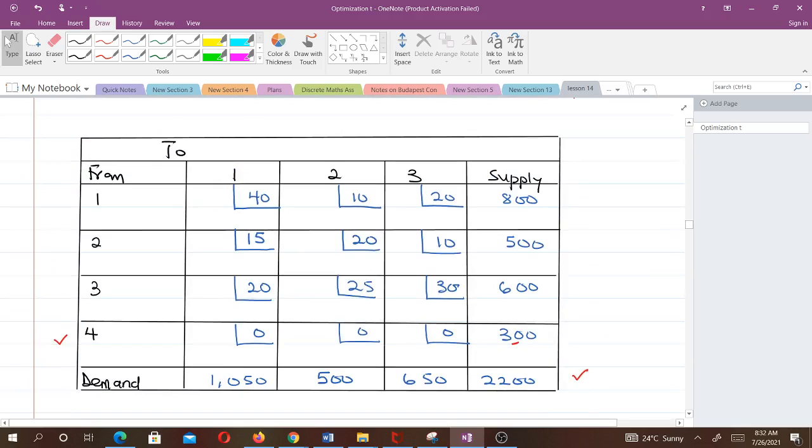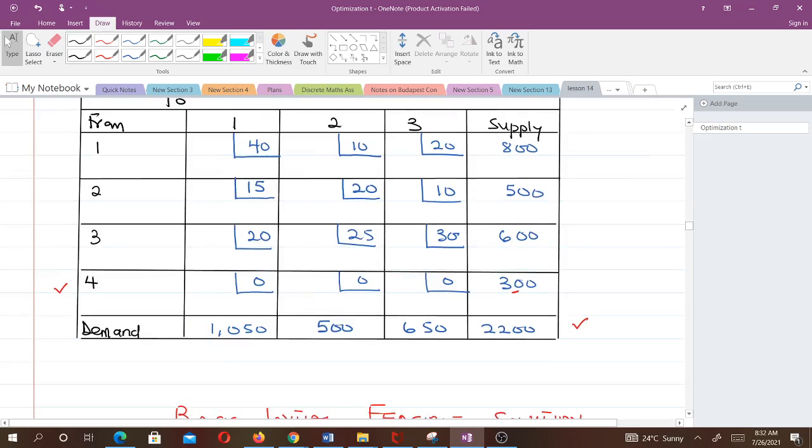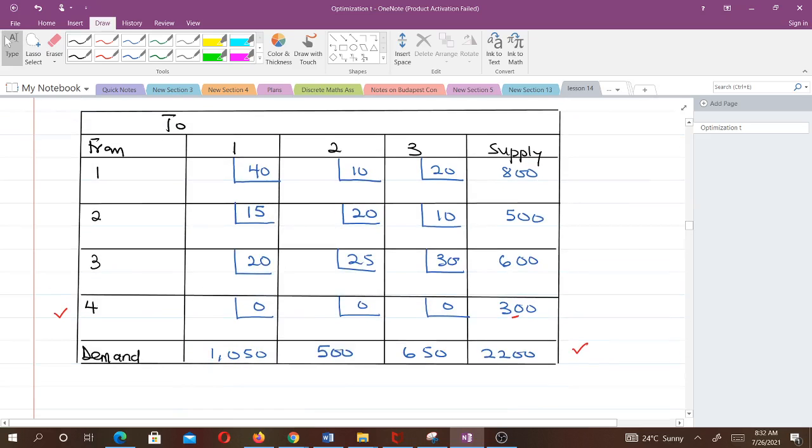Let's do it here, then you see what we did over there. With the least cost method, we make allocations in the cell with the minimum cost. Of all the cells here, the minimum cost is 0, so we can make an allocation of 300 here.